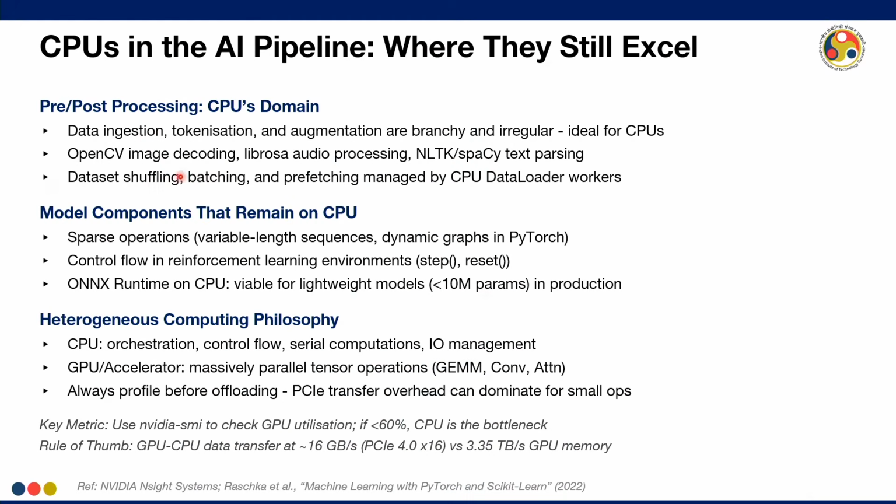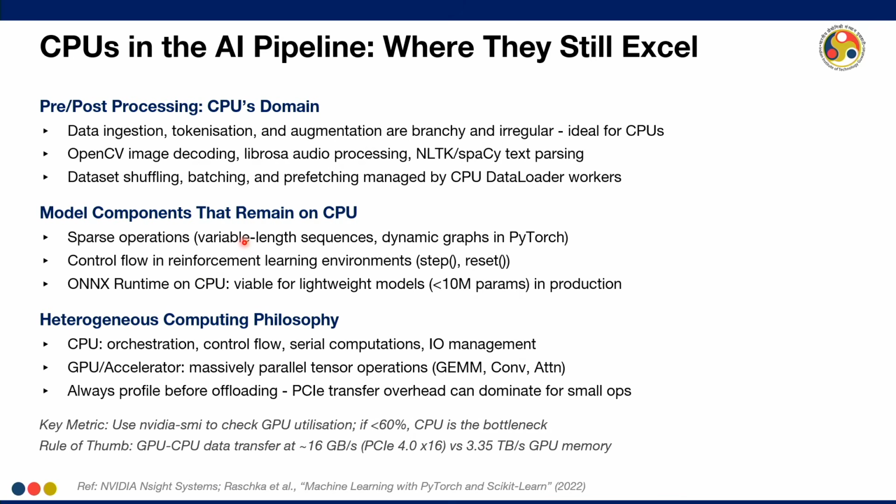All of these are done by the CPU. Data shuffling and batching will also be done by the CPU, which it is very good at. It may not be good at billions of matrix multiplication operations, but it is good at pre-processing, post-processing, and the model components that remain on CPU, which are sparse operations.